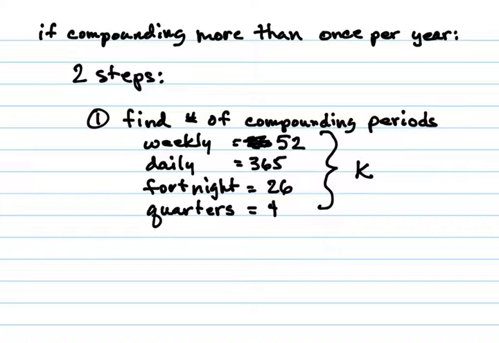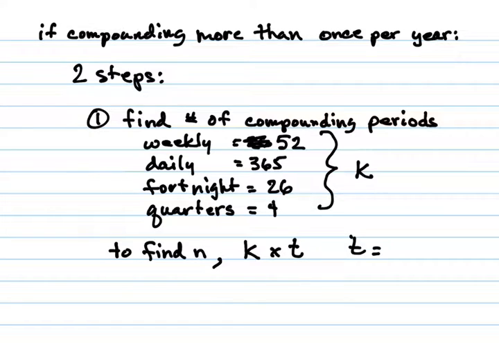Now, to find our n, if you compound more than once a year, you're going to take that k, whatever it is, daily, weekly, etc., and you're going to multiply it times your t, which equals the number of years.